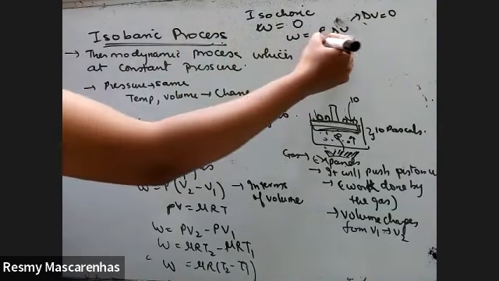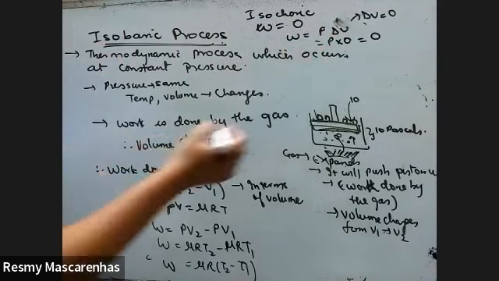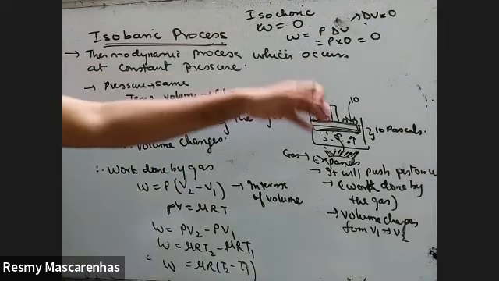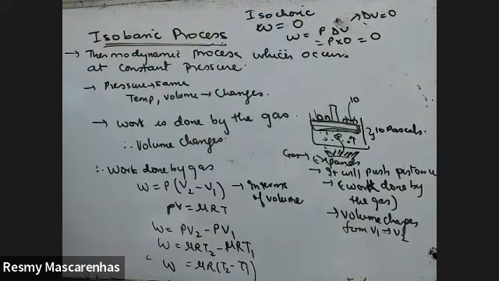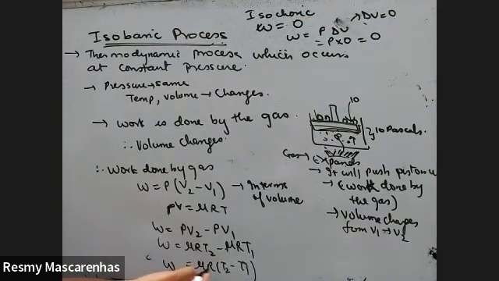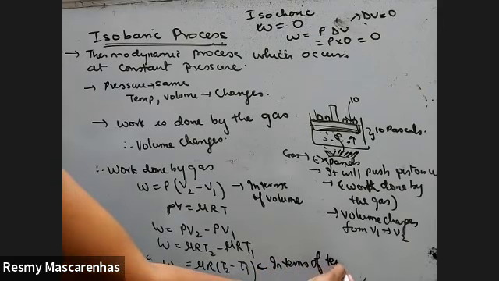That's why work done will be 0 for the isochoric process. There is no change in the volume, so no work. The piston is not moving in the previous one. Here the piston is moving. And in terms of temperature, this is the answer. So I have given the work done for all the processes.